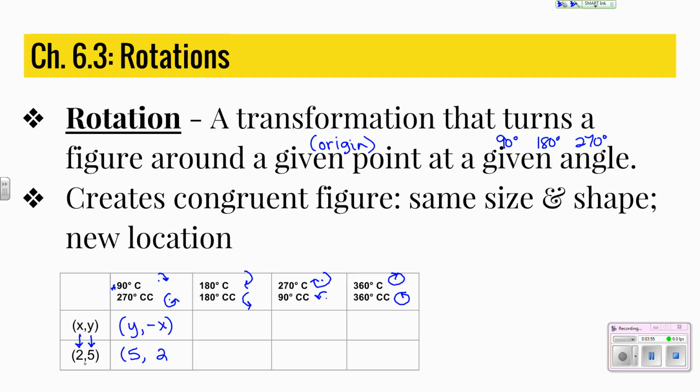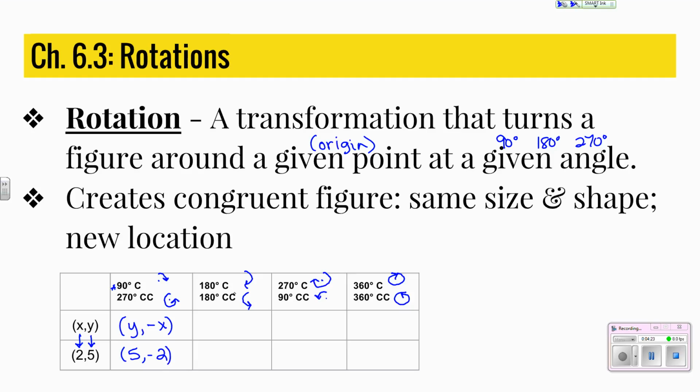So since this is a positive 2, it becomes a negative 2. If this had been a negative 2, I would change this to a positive. So this right here just means change the sign of the X coordinate. Okay? It doesn't mean it is a negative number all the time. It just means if it was positive, it's now negative. If it was negative, it now is positive. Okay? So that would be how that would work.